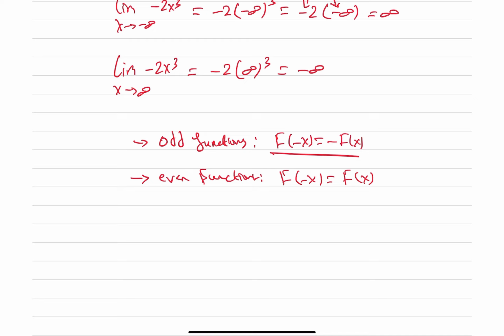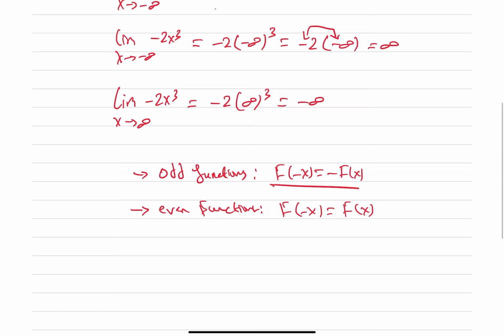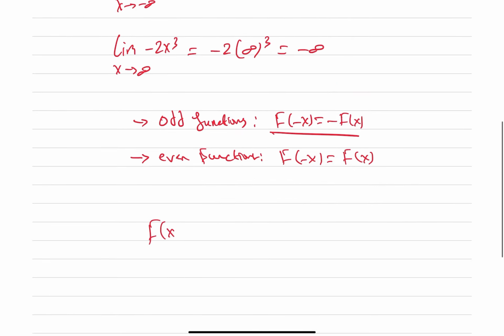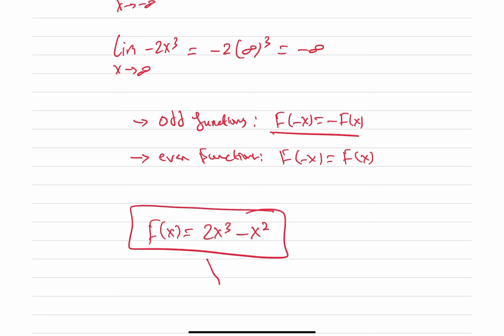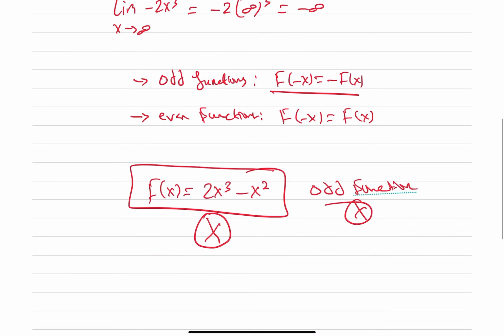And please, please, please, do not mess up on this. If you see an odd degree, let's say a function f of x equals 2x cubed minus x squared, this does not mean that this function is an odd function. Not just because the leading term has an odd degree means that the function is odd.